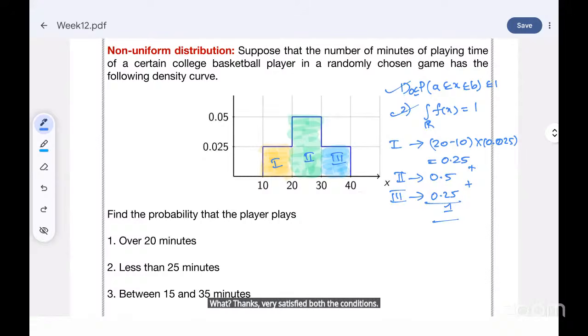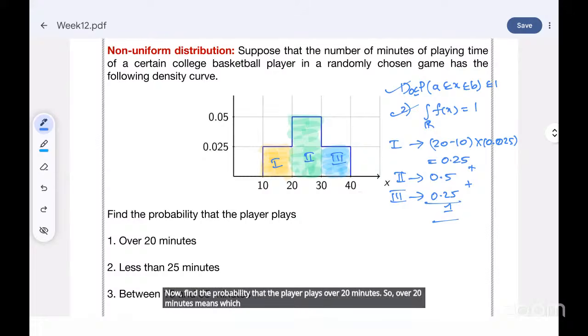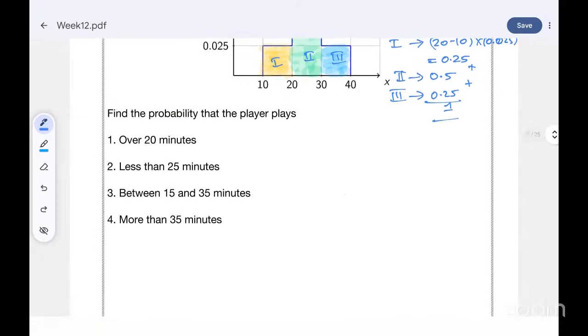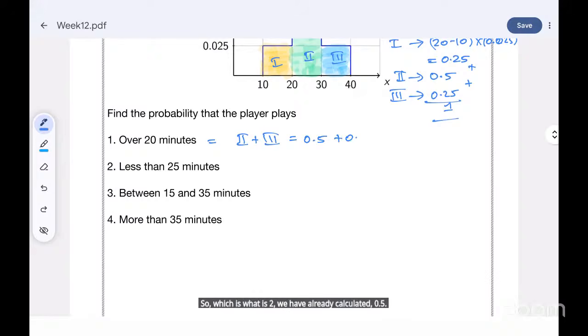Right? Okay. Now find the probability that the player plays over 20 minutes. Over 20 minutes means which area we have to include? 2 and 3. So 2 plus 3. We have already calculated 0.5 plus 0.25, so 0.75.